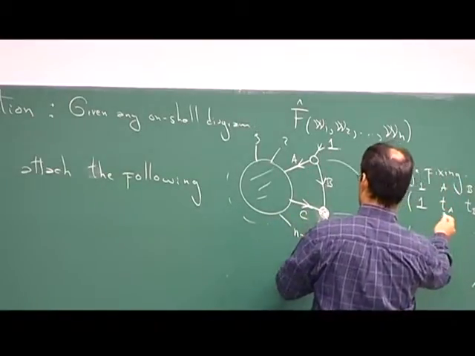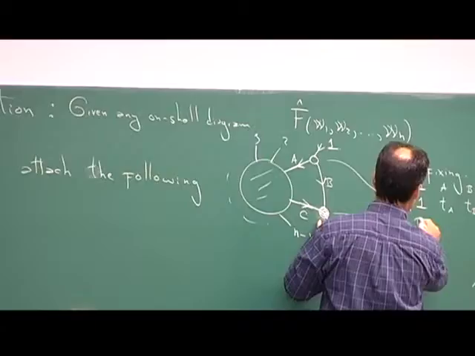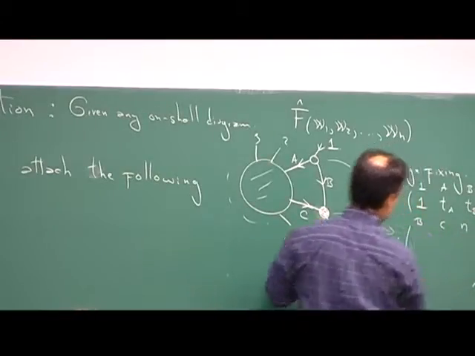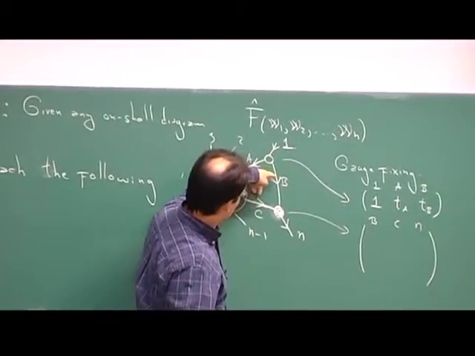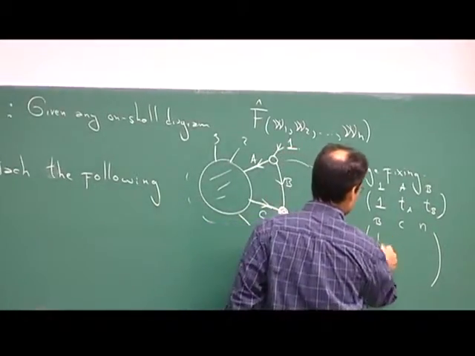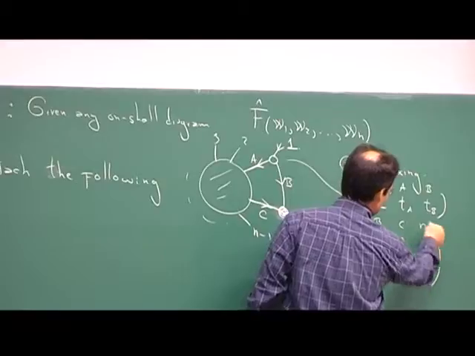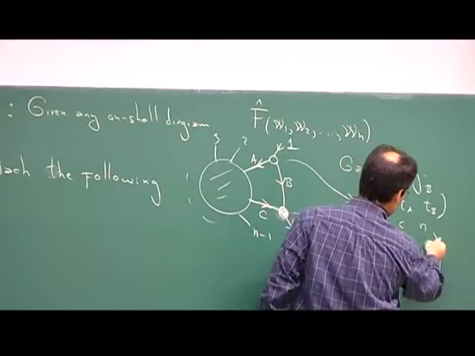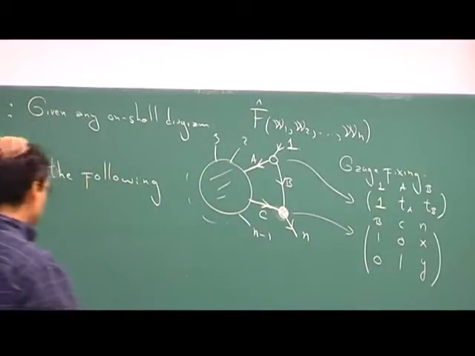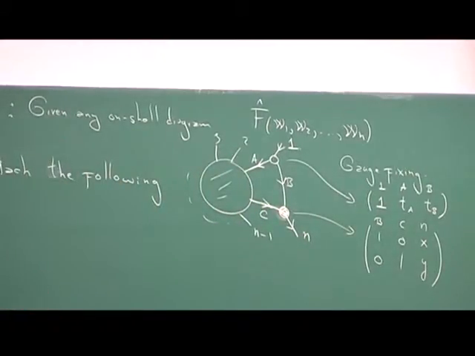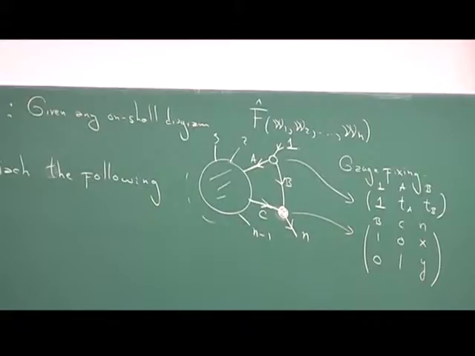If this corresponds to B and C, and this one to n, so these are the corresponding labels of the columns, then I'm gauge fixing B and C to be the identity matrix, and these 2 entries to be anything I like. So let's call them x and y. So now we're done.